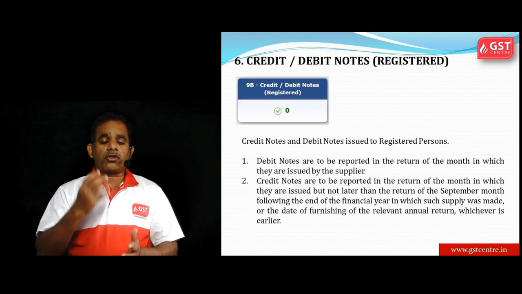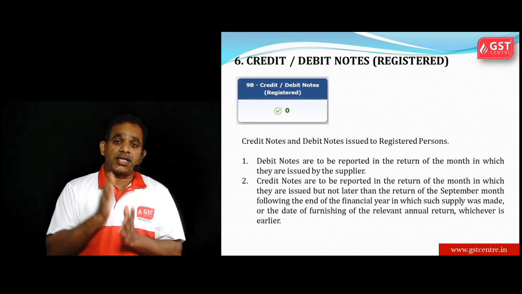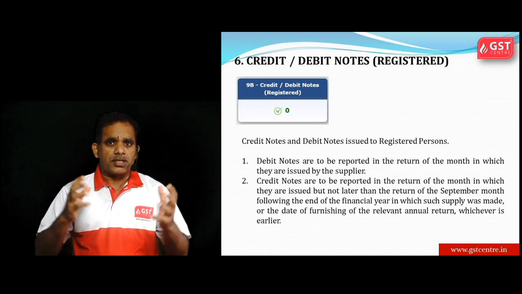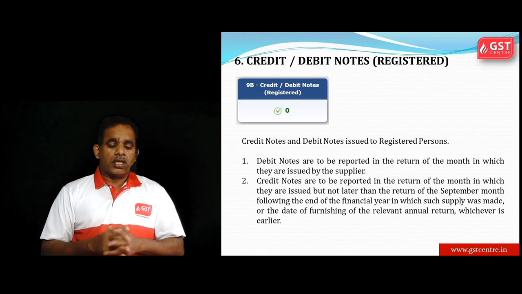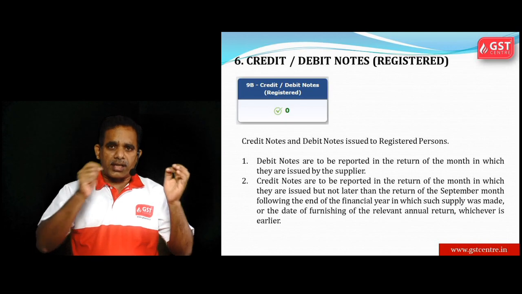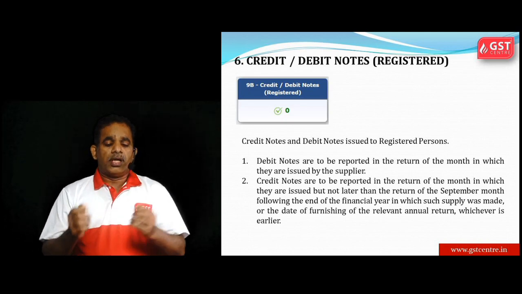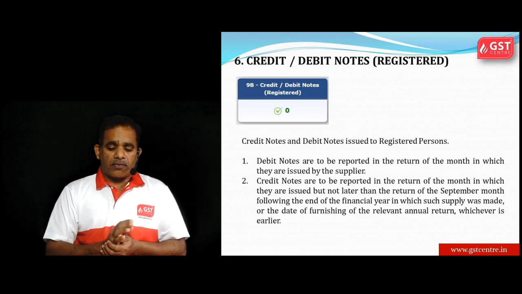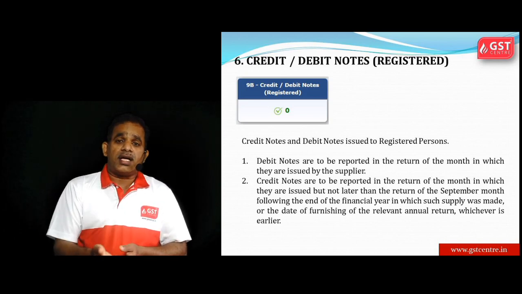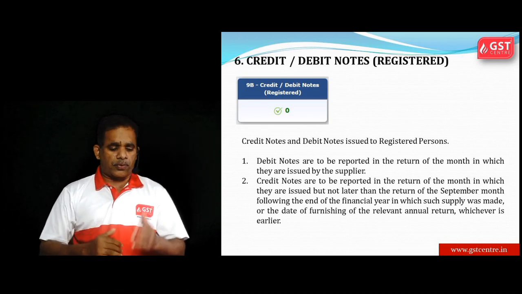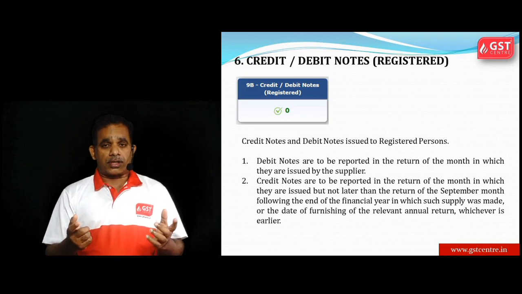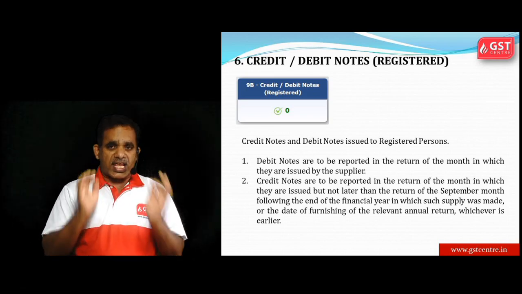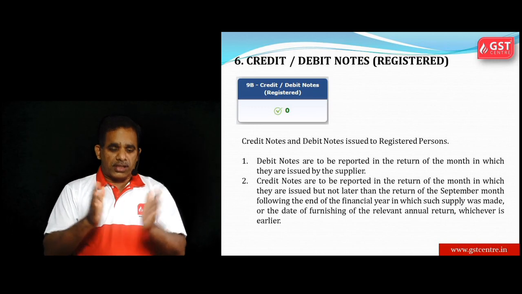And coming to credit or debit notes issued to registered customers, means B2B supplies. Okay, so all details regarding credit note or debit note should be given properly. The debit notes to be reported in the return of the month in which they are issued by the supplier. Okay, so suppose you are issuing a debit note to your B2B customer, in the same month you need to give the details.